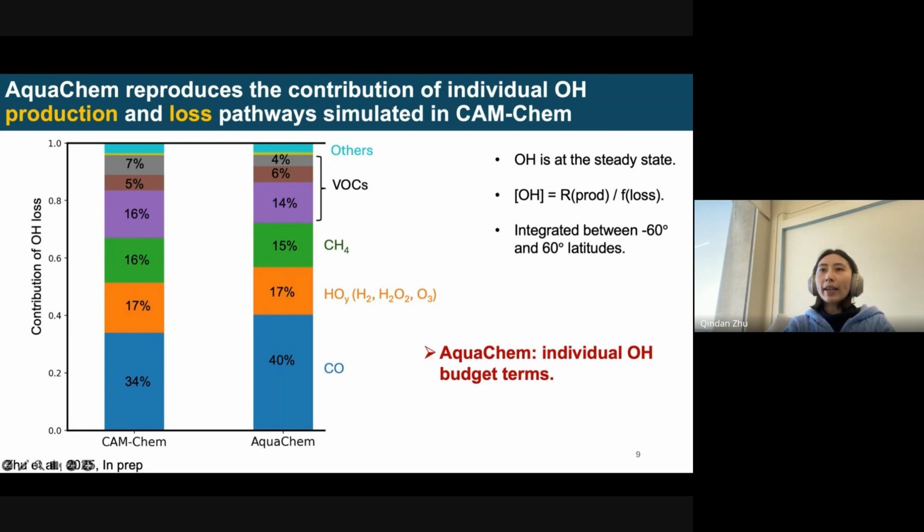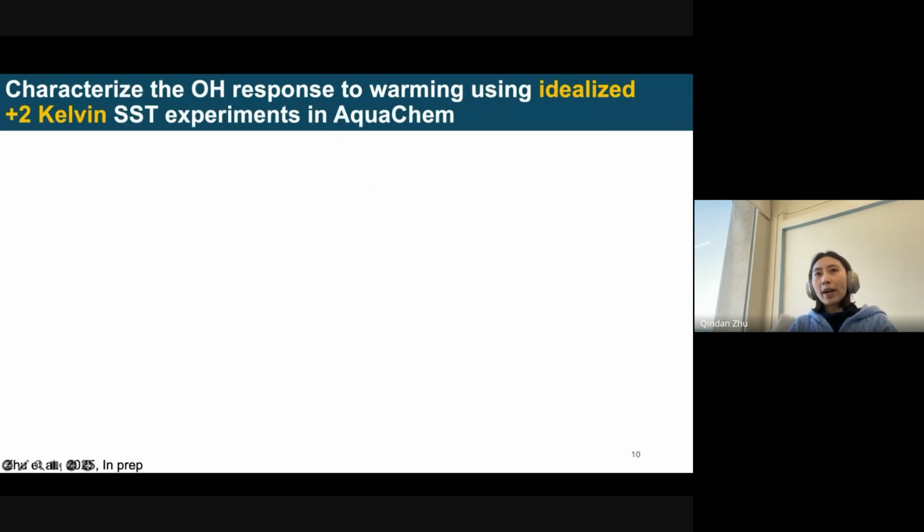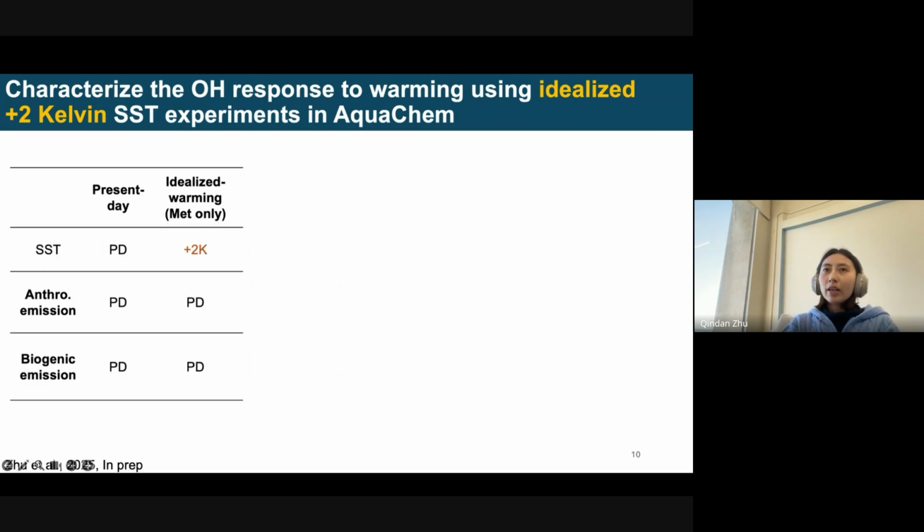And we use AquaChem to assess our original question, the OH response to climate warming. To do that, first of all, we run a present-day scenario using AquaChem, where the SST and the emissions are prescribed for the year 2000 condition. And we also conduct another idealized warming experiment by increasing the SST globally by 2 Kelvin with a fixed emission input.